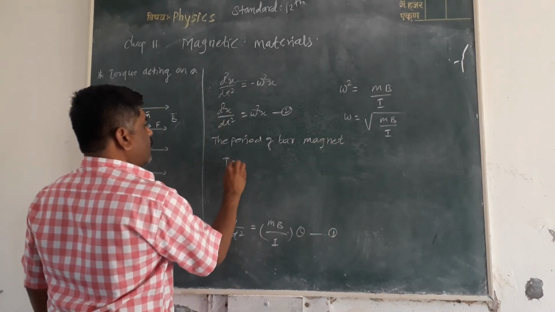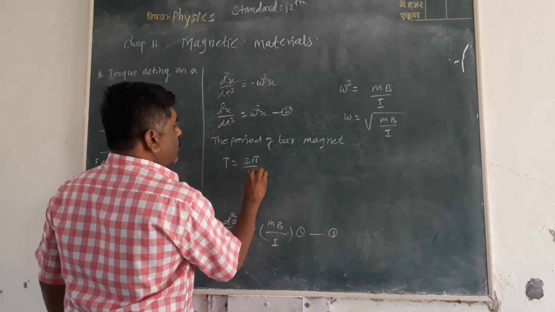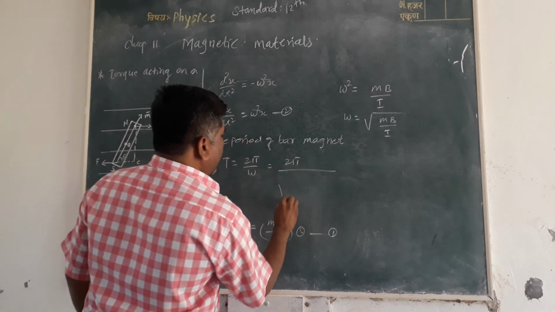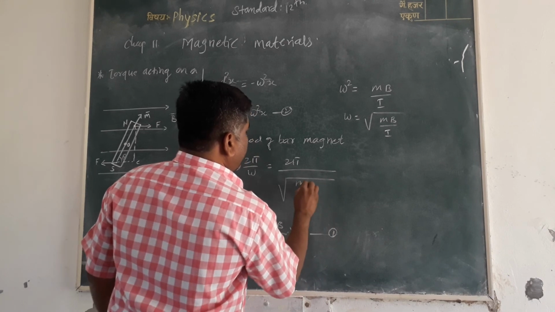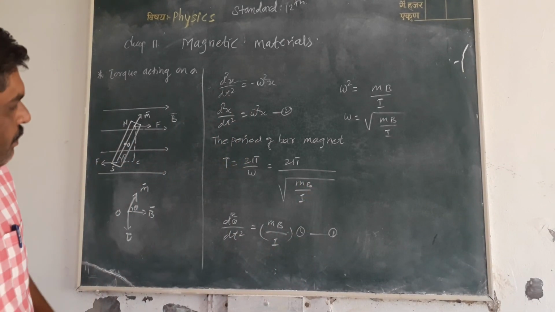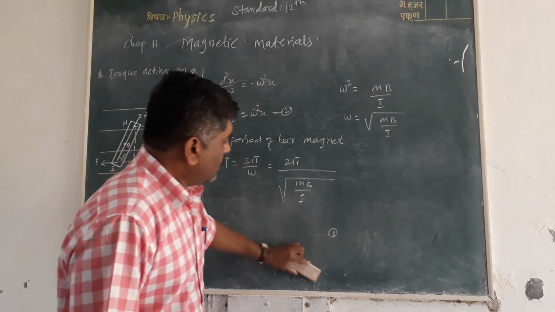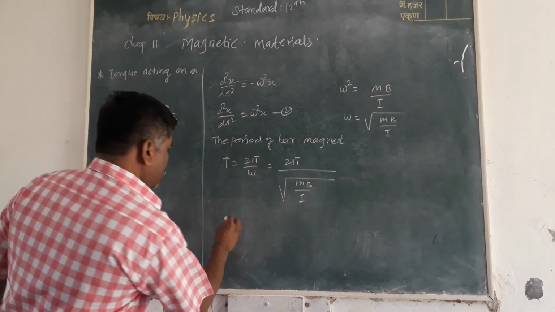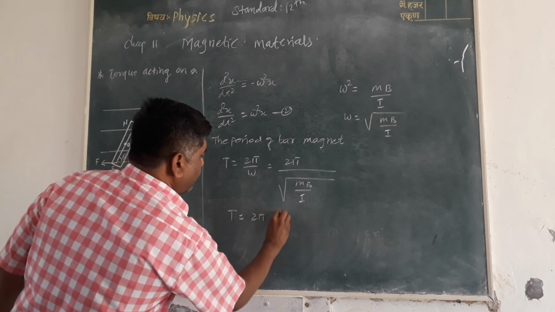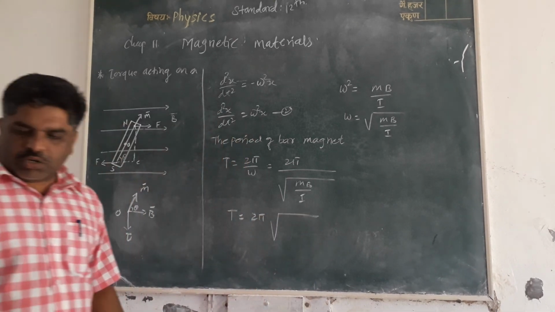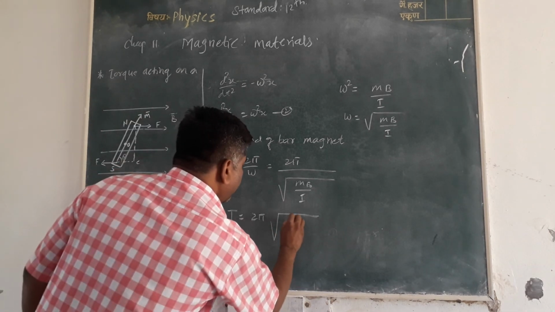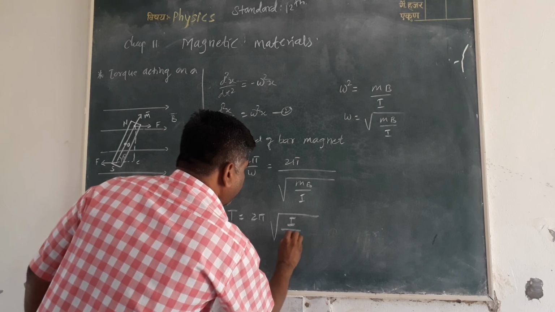T is equal to 2 pi upon omega, that is, 2 pi upon under root MB upon I. Hence, the period of the bar magnet T is equal to 2 pi under root I upon MB.